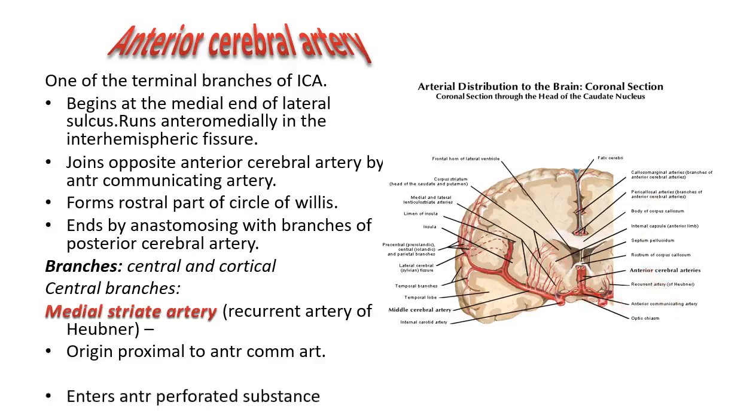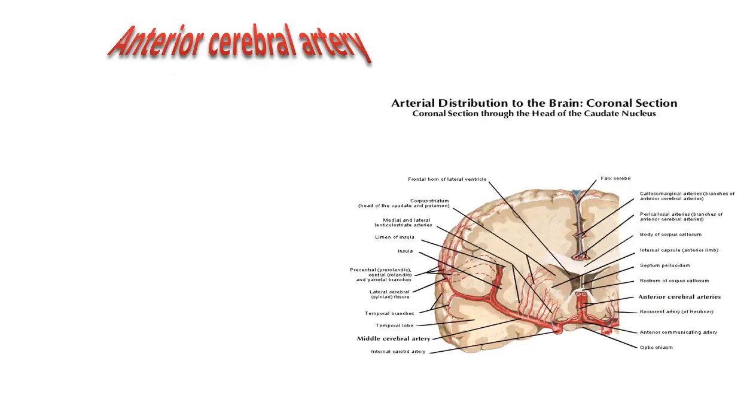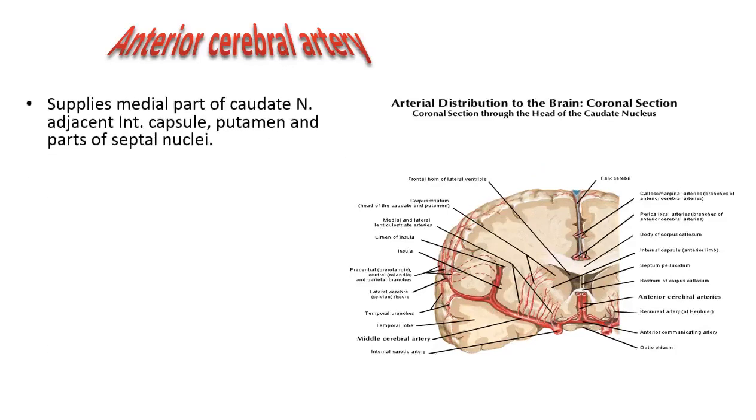Now, what does this recurrent artery of Hubner supply? Mainly it supplies part of your internal capsule and caudate nucleus. Definitely it is going to supply the medial part of the caudate nucleus, then part of the internal capsule, and then part of the lentiform nucleus, that is the putamen.